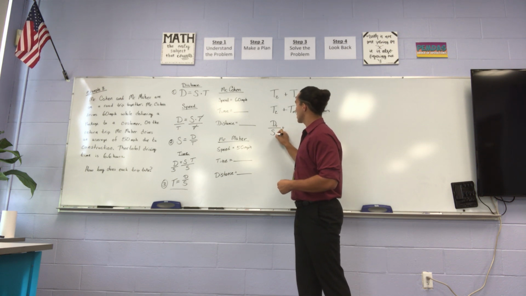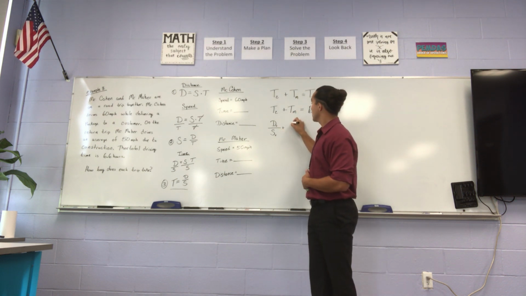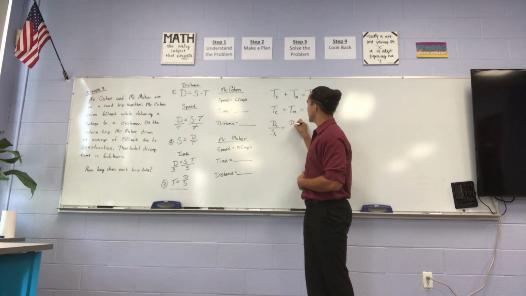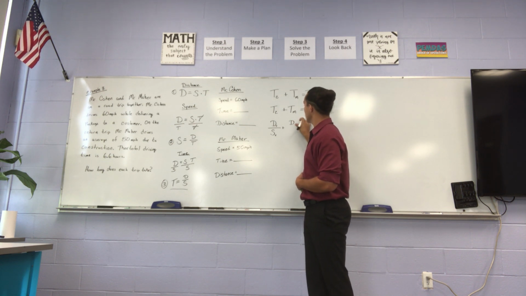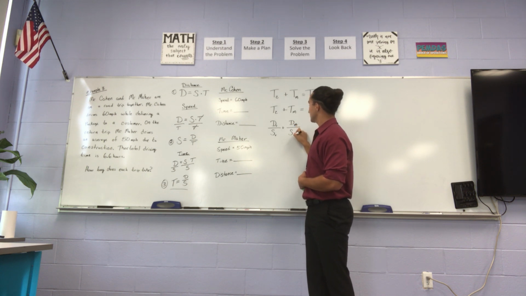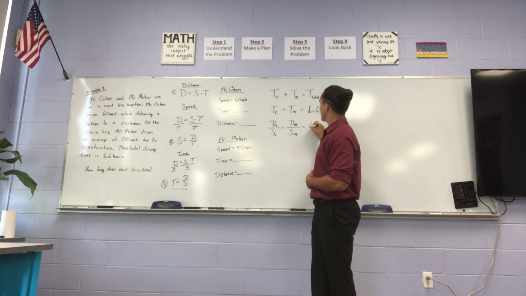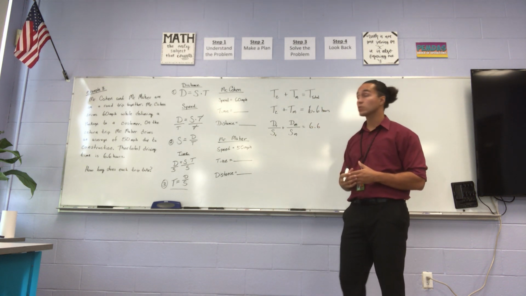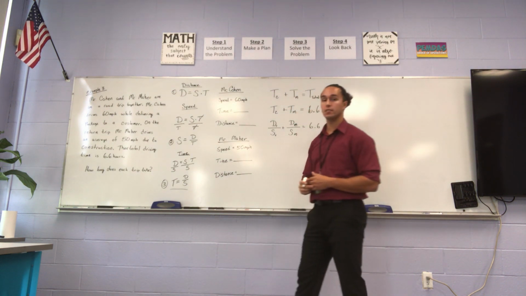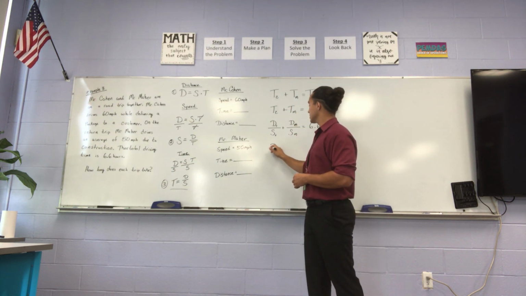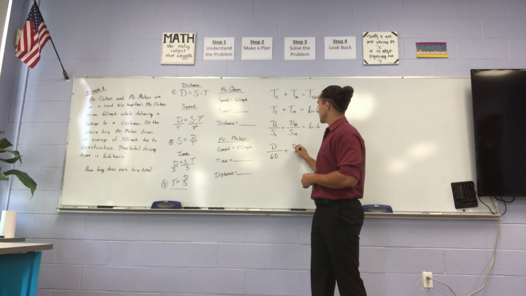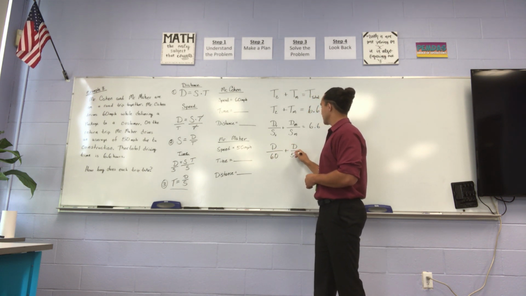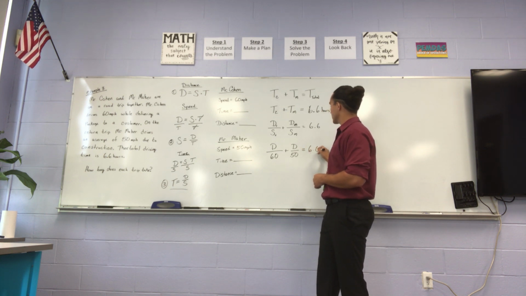Mr. Marr's time is equal to the distance of Mr. Marr over the speed of Mr. Marr. And we still know that it's 6.6. We know their speeds, so we can write distance over 60 plus distance over 50 is going to equal 6.6.